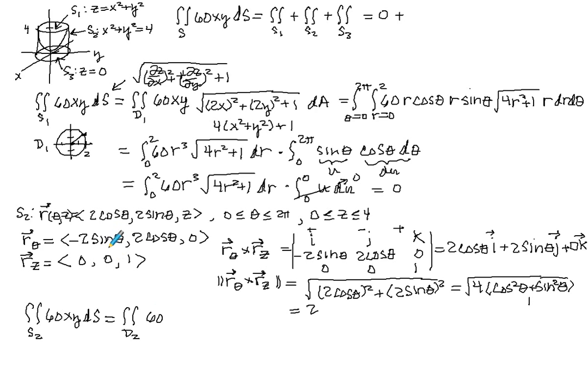And our x is 2 cos theta, because here's our parameterization for the surface. This is our x and this is our y, and then z is just equal to z. So we plug in our parameterization: 60 times 2 cos theta times y, which is 2 sine theta.